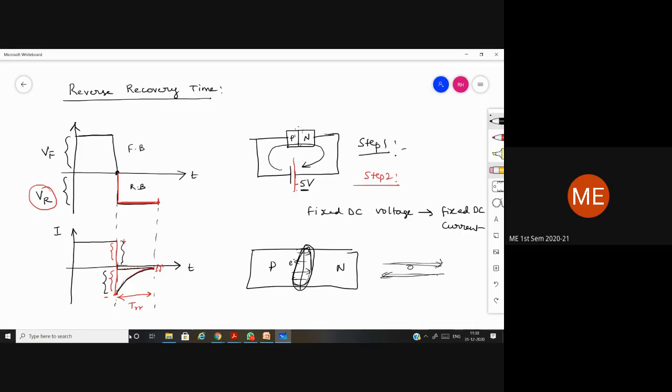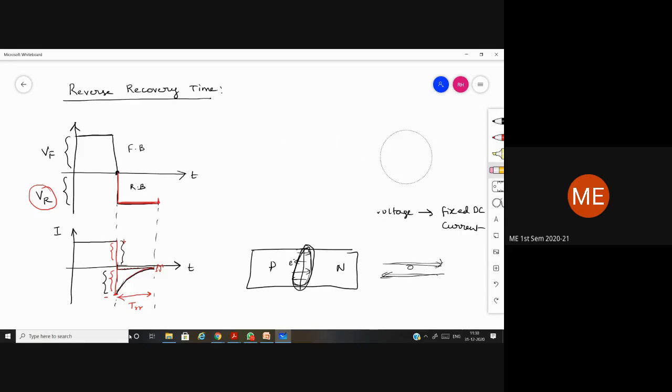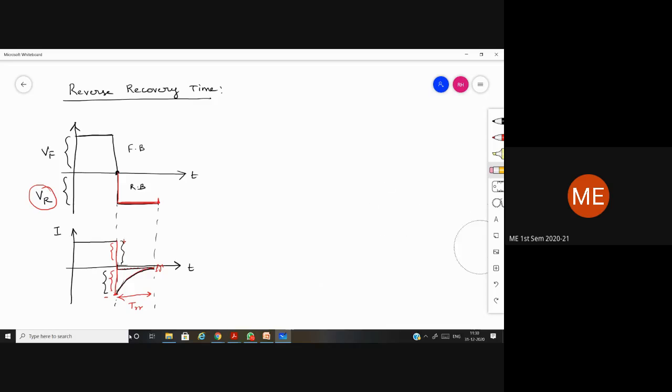Now, in this, we are going to have one more graph. If you have the book, you can see there is one more graph. In that graph, the question is why this happens.